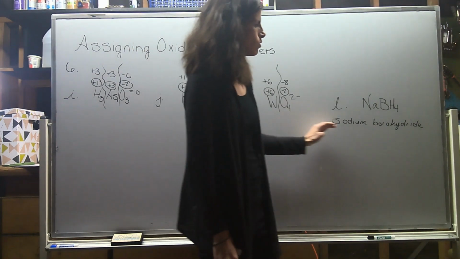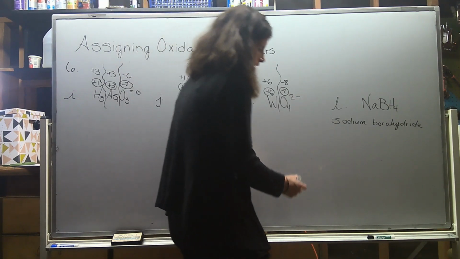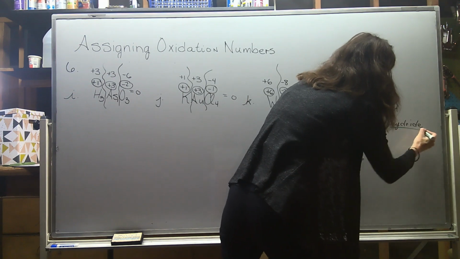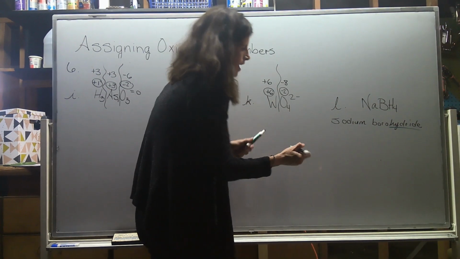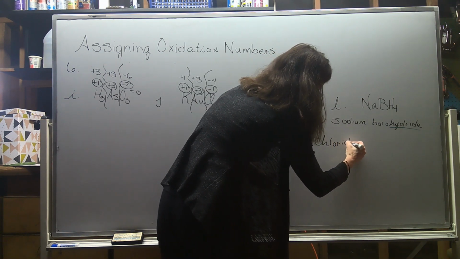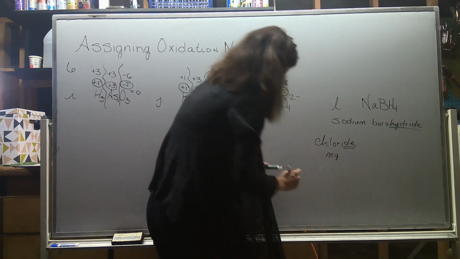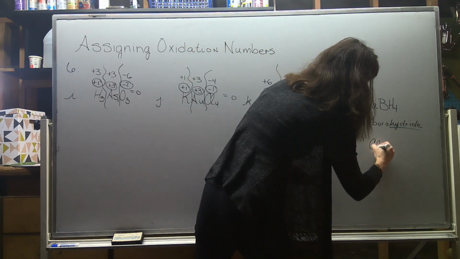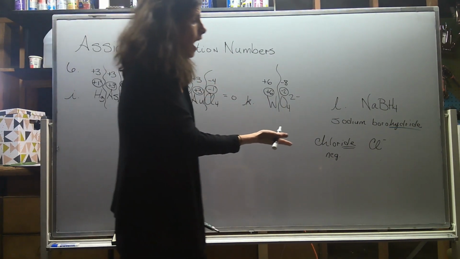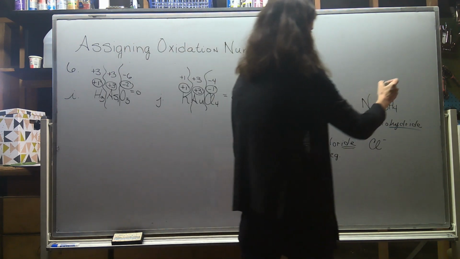So this is a compound known as sodium borohydride. And I'm giving you the name here, and I want you to focus on the hydride part. So we've seen "ide" endings like chloride or iodide. "Ide" means negative. So chloride is Cl-, right? It has a negative charge. Hydride then implies that the hydrogen has a negative charge.